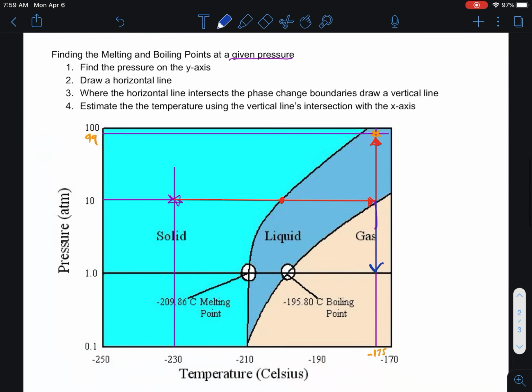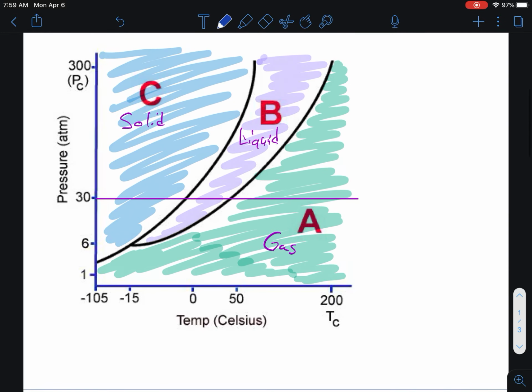Other key terms in order to do all of those, make sure you know all of the different phase changes. Solid to liquid, liquid to solid. Liquid to gas, gas to liquid. Solid to gas, gas back to solid.